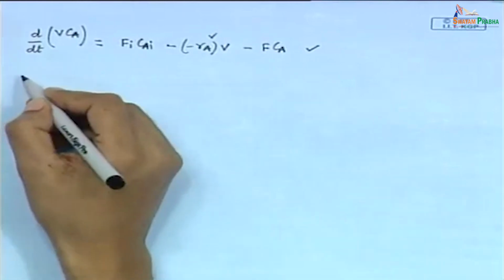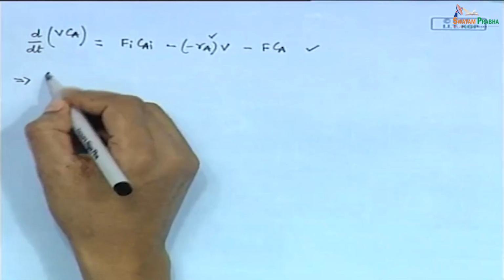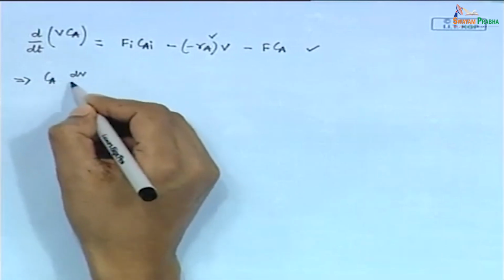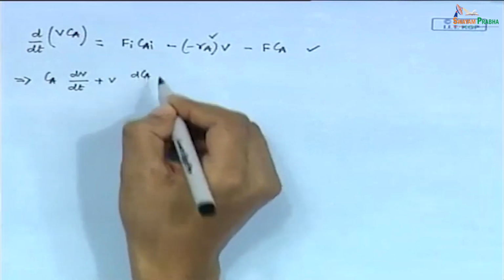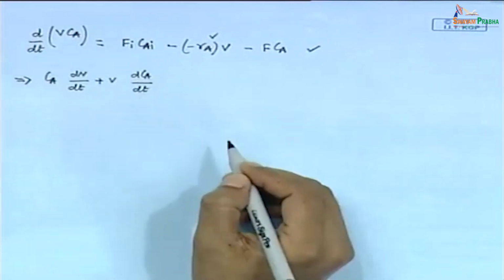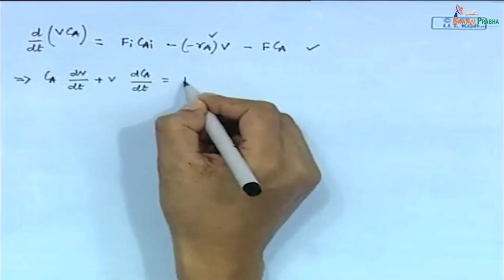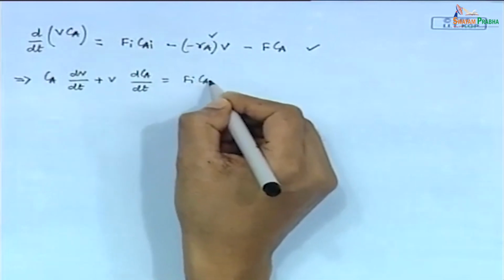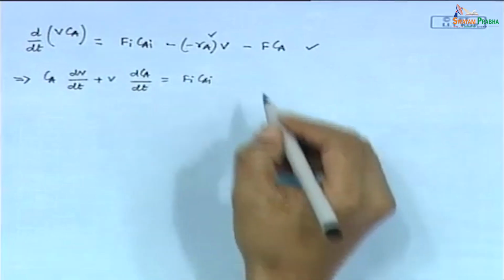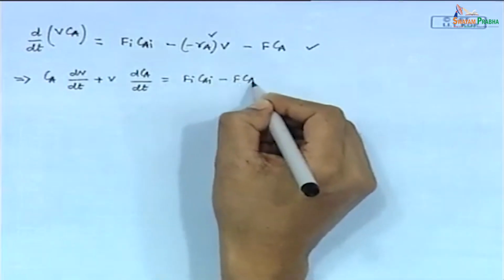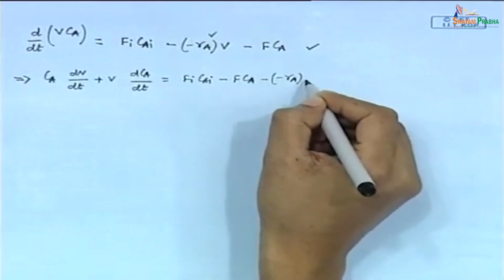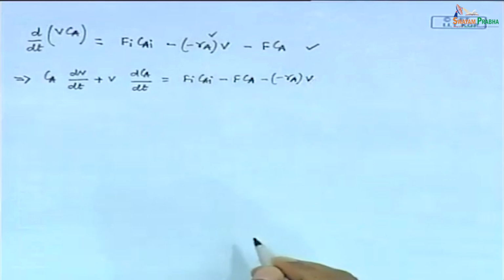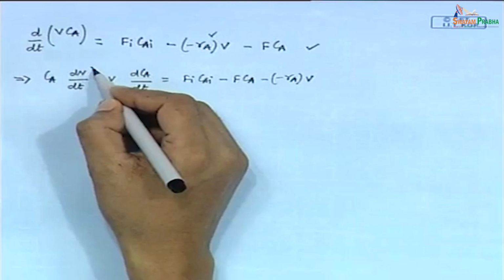Fine. Now, we can write this equation in this form: Ca dV/dt plus V dCA/dt equals Fi Cai minus F Ca minus (minus Ra) into V. Now, we know the dV/dt term.